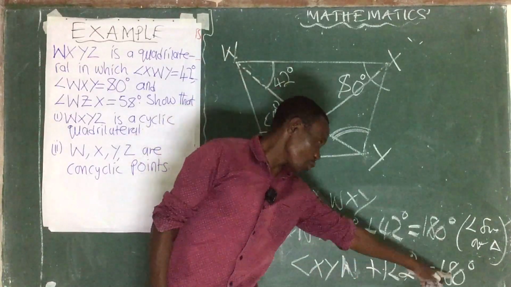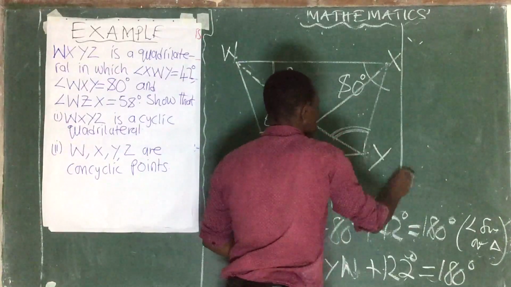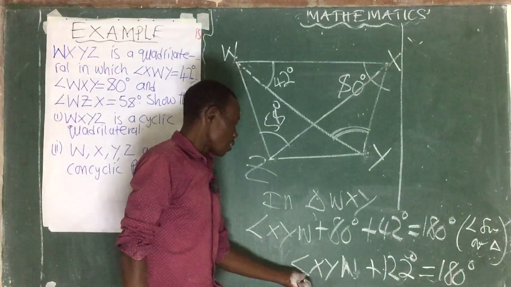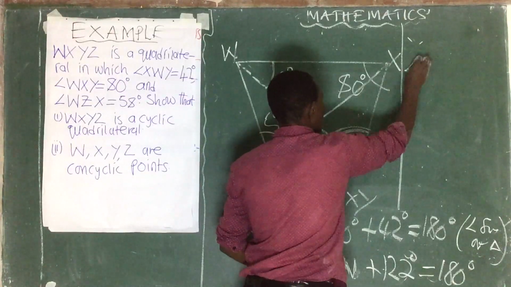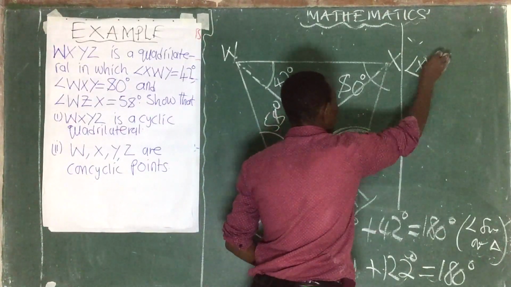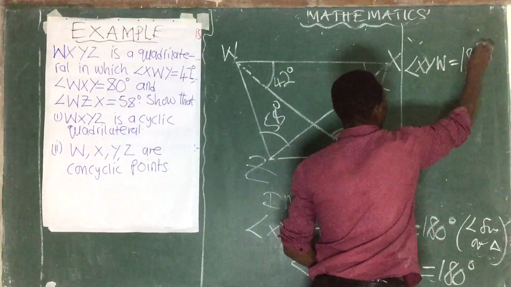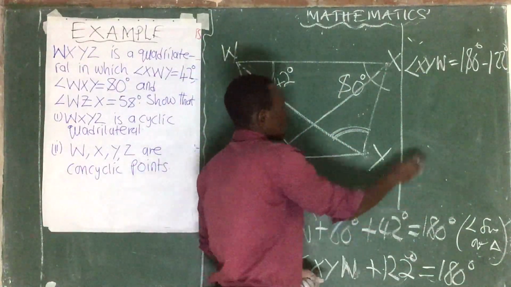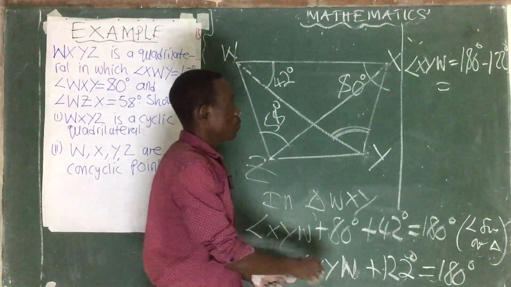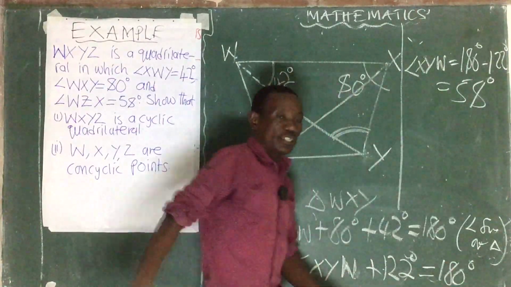So this one, we go to the right hand side with 180 degrees. We'll have the left hand side having angle XYW, which will be equal to 180 minus 122 degrees. And when we subtract that, we obtain an angle of 58 degrees.